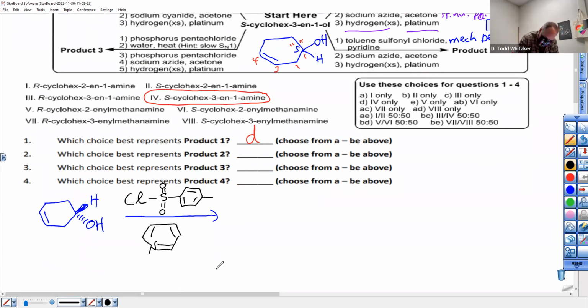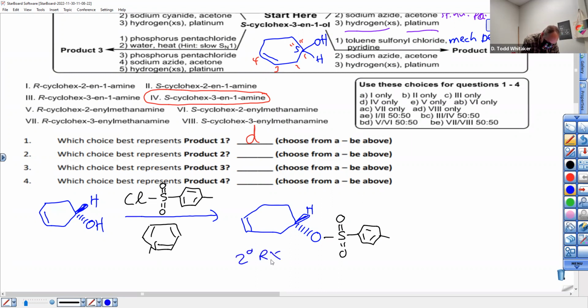Okay, and when you are done, the thing you need to know is that the stereo center is not affected during this transformation at all. There's no backside attack on the carbon. So whatever stereo center you began with is the stereo center you end with. It's just now a better leaving group.